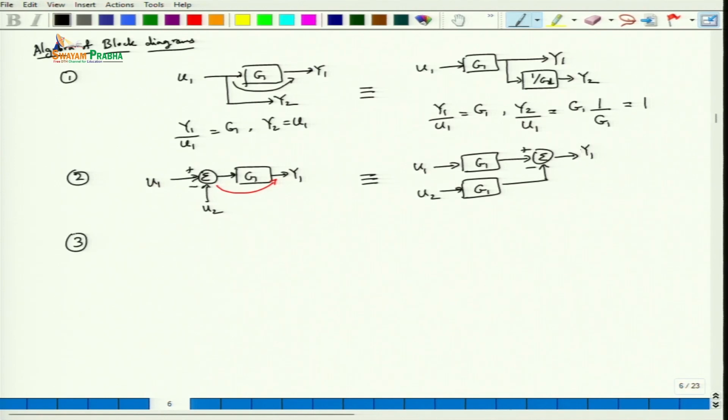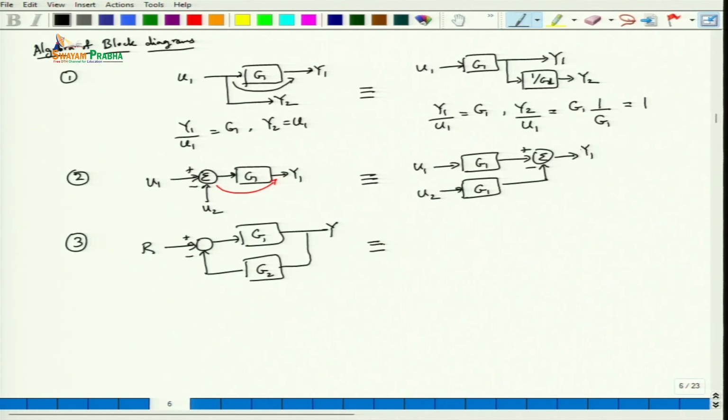And the third one is, let us consider a configuration where we have R, the case of the negative feedback we had seen. So here we have G1, G2, and we have Y.